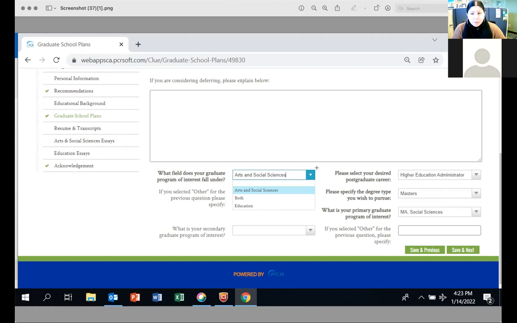So if you can say to Sarah, look, Sarah, I've answered arts and sciences here on this part of the application, but then I go to essays and it's only showing me education essays, Sarah can troubleshoot with the application maker itself, which is PCR. You can see at the bottom, it says powered by PCR. So Sarah has a direct line to PCR.